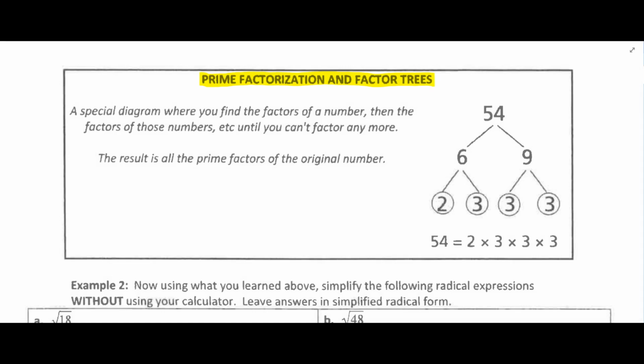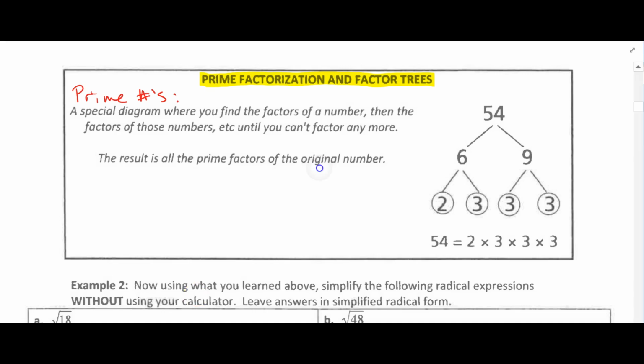So let's go back to an algebra topic and let's look at prime numbers. If you recall, a prime number is a number whose only factors are 1 and itself.